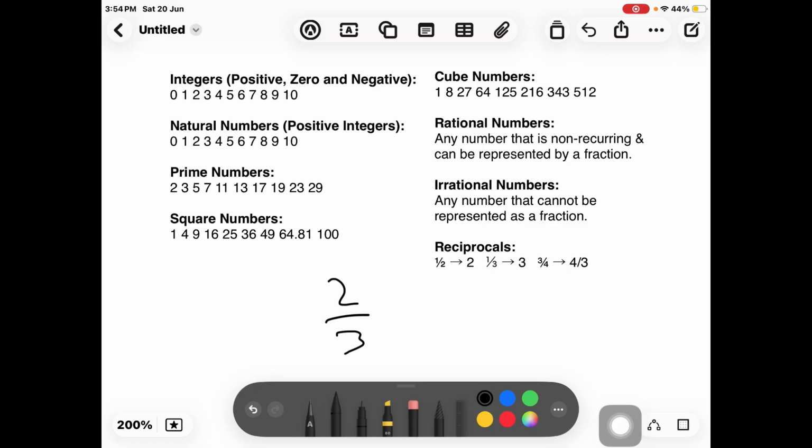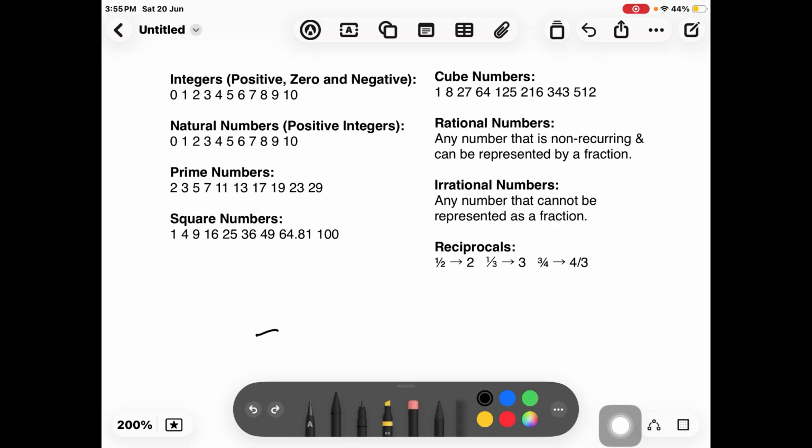Now, if we had to write this in decimal form, it would be 0.6666 and so on. So this right here is an irrational number. No. This right here is a rational number because it can be written as a fraction. But an irrational number is something that cannot be written as a fraction.